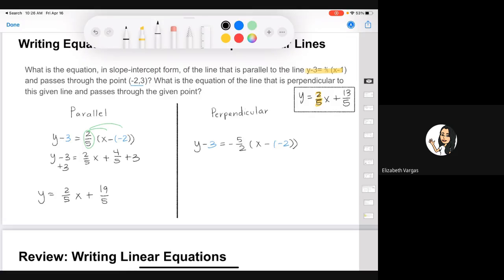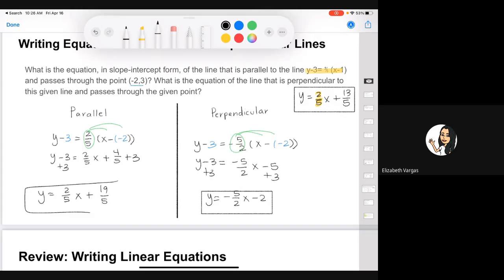This one, same thing. Distribute. y minus 3 equals negative 5 over 2x minus 5, plus 3, plus 3. y equals negative 5 over 2x minus 2. And so there I have my equation of my perpendicular line, and here I have my equation of my line that is parallel.